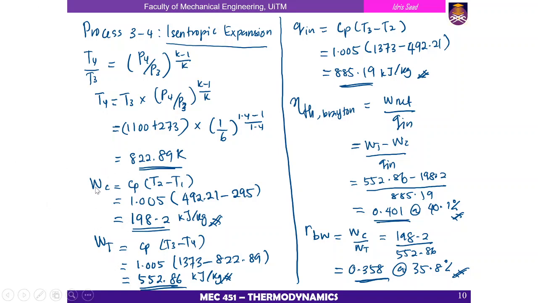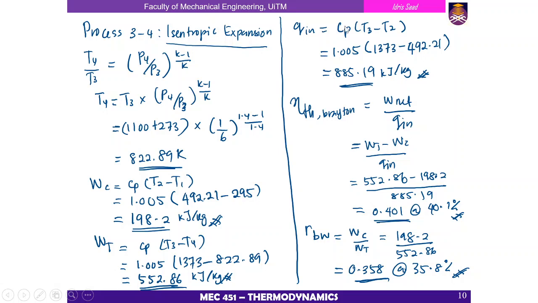From the work compressor and work turbine, we can calculate the back work ratio. For the efficiency, we must know the work net. Work net is work turbine minus work compressor, divided by the total heat injected.